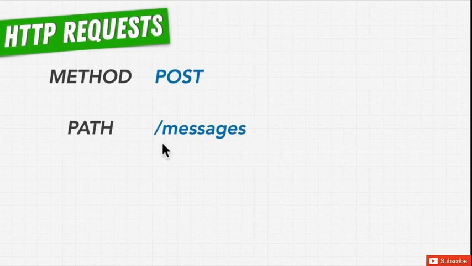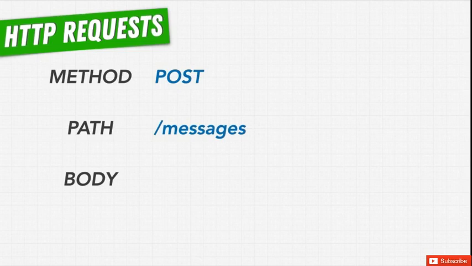And I briefly mentioned that we can send data to the server by adding a body to our request, which contains the data that we're sending from the browser to the server. This could be in plain text or in a variety of other formats.